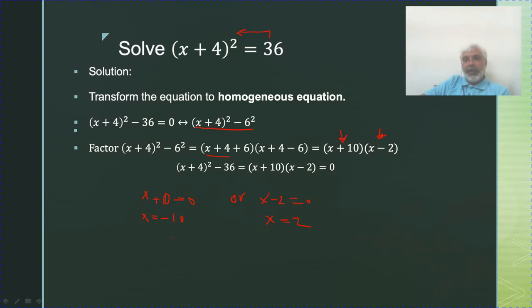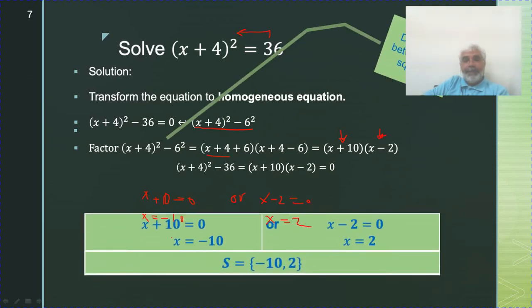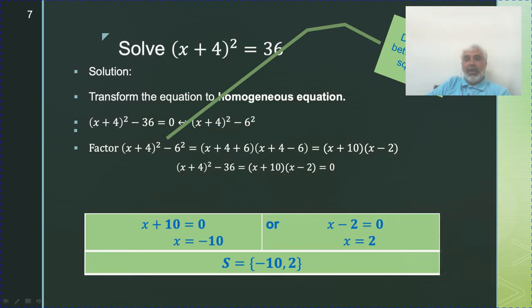I'm going to solve this problem in two more approaches. This is the first approach. We shifted 36 from right to left, and then we have a difference between two squares, and then we write this difference between two squares as a product.